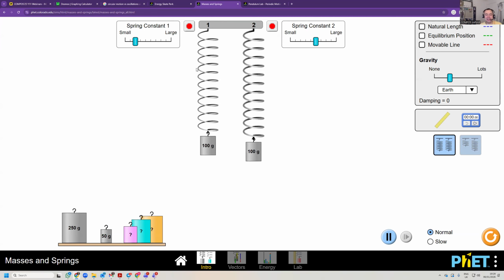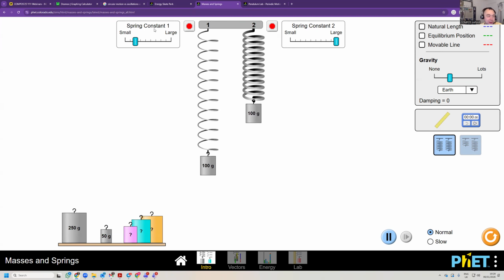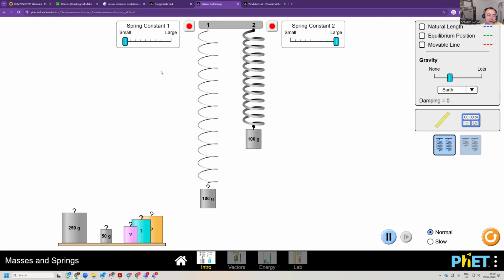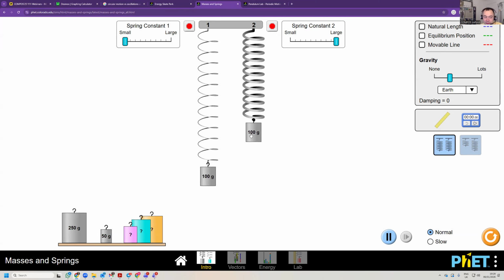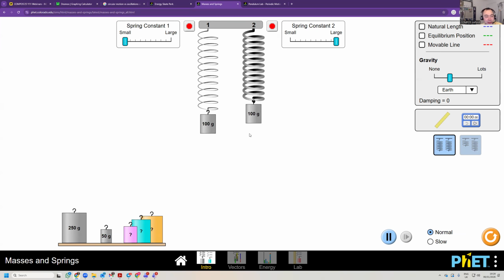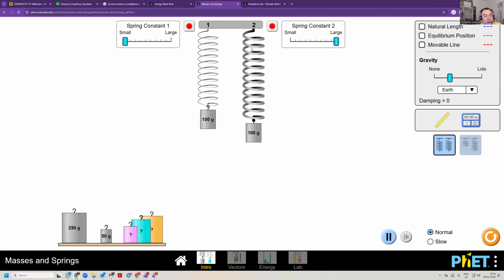It's not very useful, but you can clearly see that with a larger spring constant, the mass moves faster. The frequency is higher, of course.